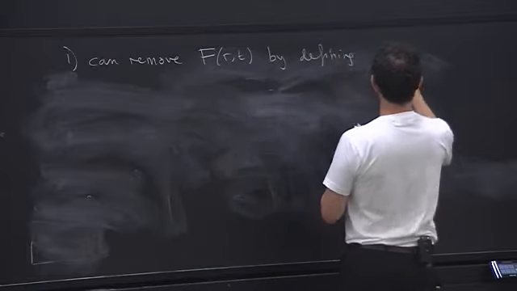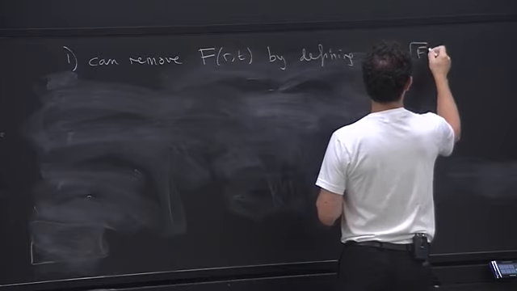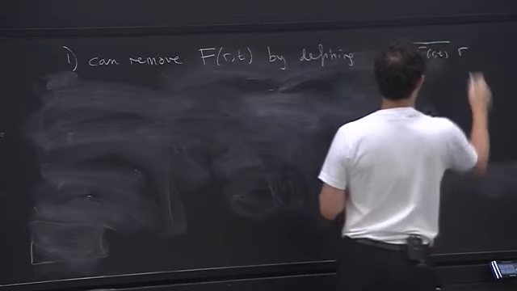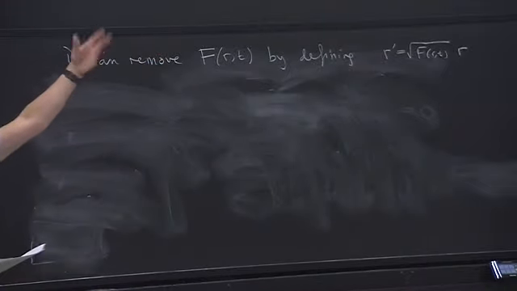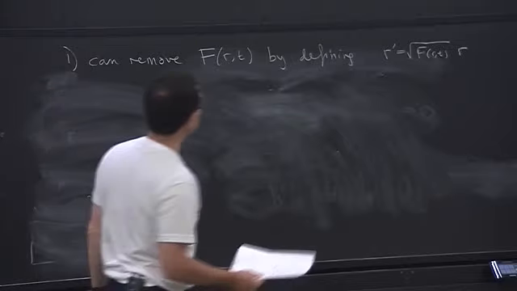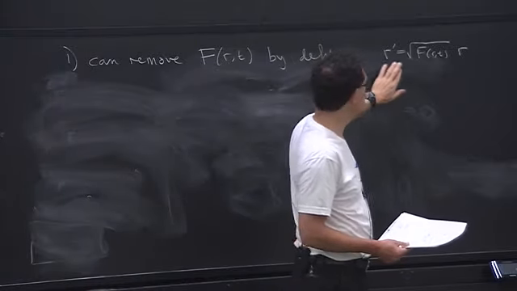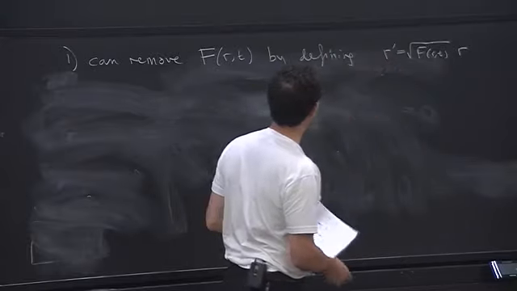r prime equals root f of r and t times r. Okay, so the coefficient in front of the angular term is f times r squared. Well, let's just call that r prime squared. This is a coordinate transformation from r and t to r prime.